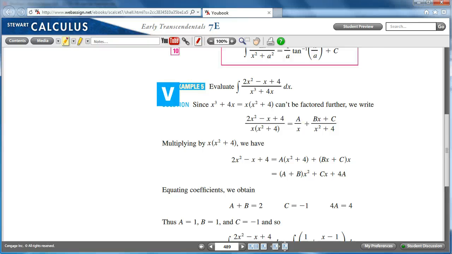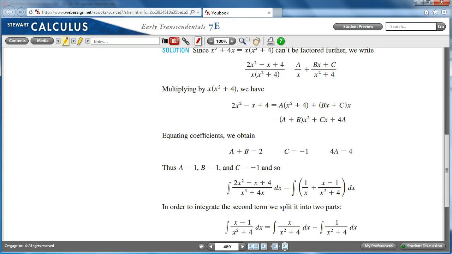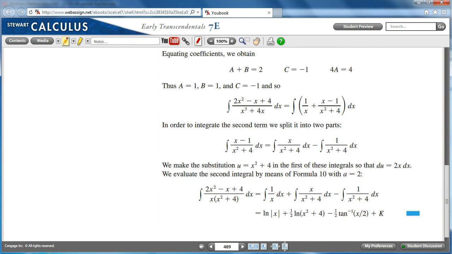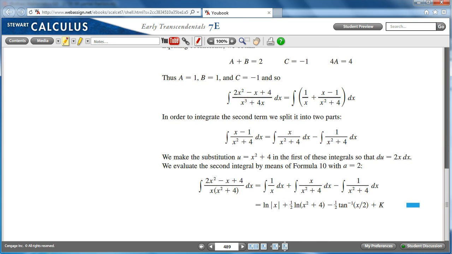And solving it, we get a is 1, b is 1, c is -1. And these 2 or 3 lines actually will be fully equivalent to 1 or 2 full pages if you actually write everything down. In the end, we have the arctangent function from the quadratic irreducible factor.